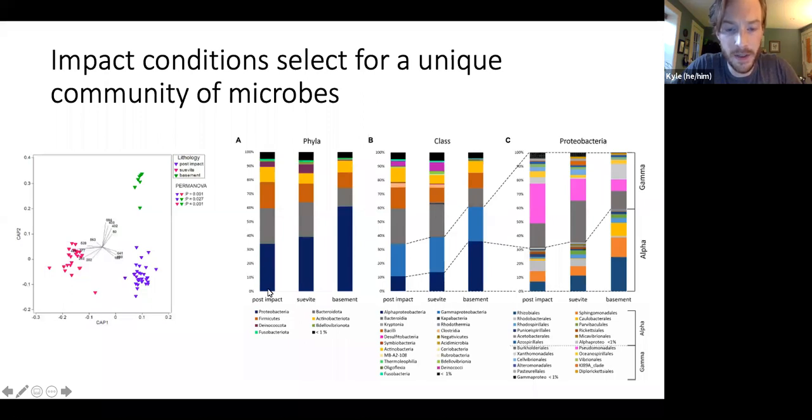And you can see, again, post-impact, right at that impact, and then pre-impact, going from left to right. And you can see that the abundance of different microbes is different. And this graph is showing that that is statistically significant. So indeed, this environment created by the impact is selecting for a unique community of microbes.